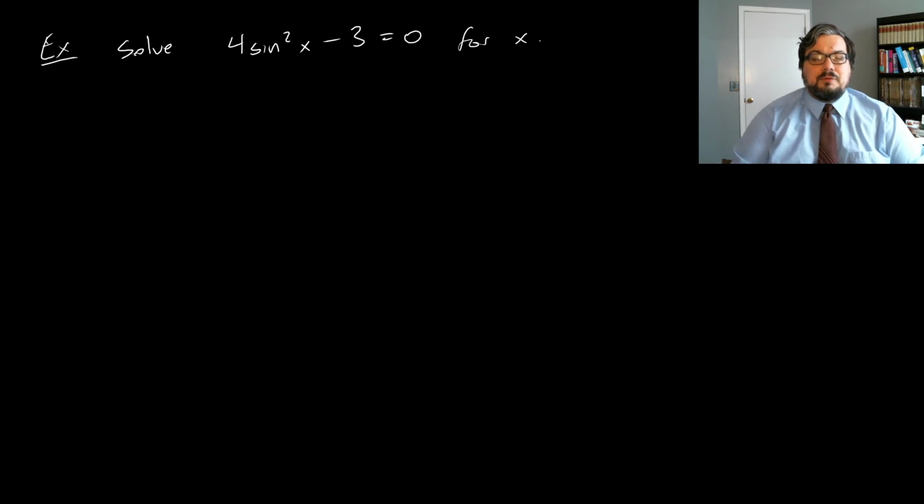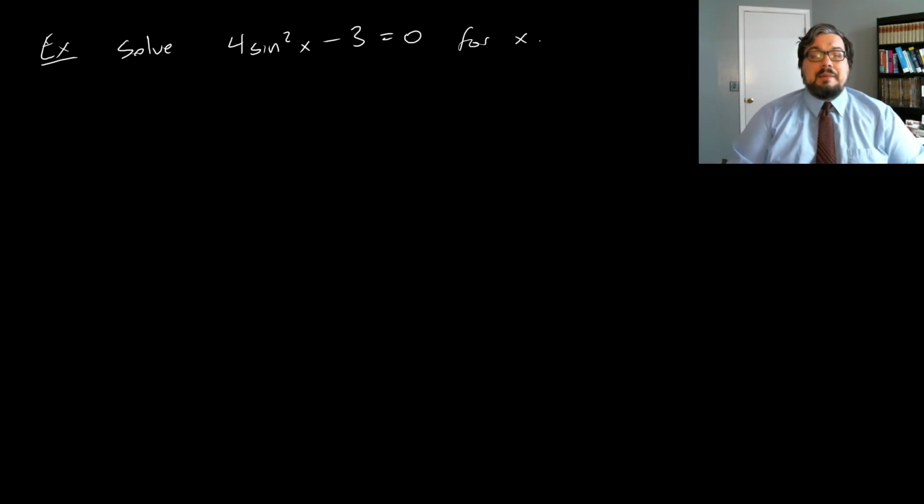So let's look at the following. Let's solve 4 sine squared x minus 3 equals 0 for x. We want to find all solutions to this equation.